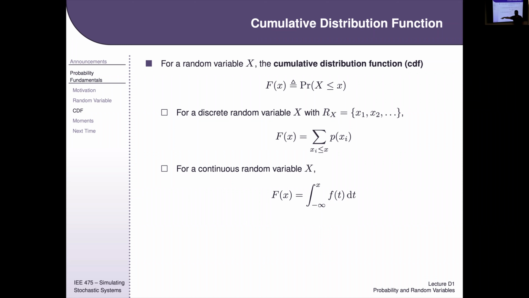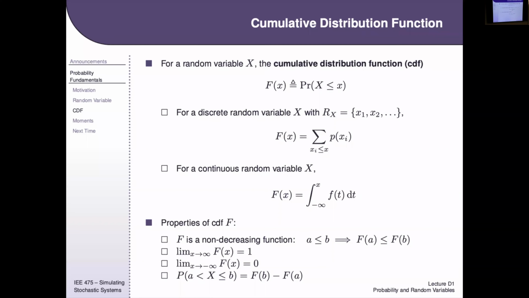So it's a probability from negative infinity up to x, the weight that we accumulate there. For a discrete random variable, we sum up the probabilities of all outcomes less than or equal to x. For a continuous random variable, we take the integral of the density from negative infinity up to x. That's all we mean by a CDF.